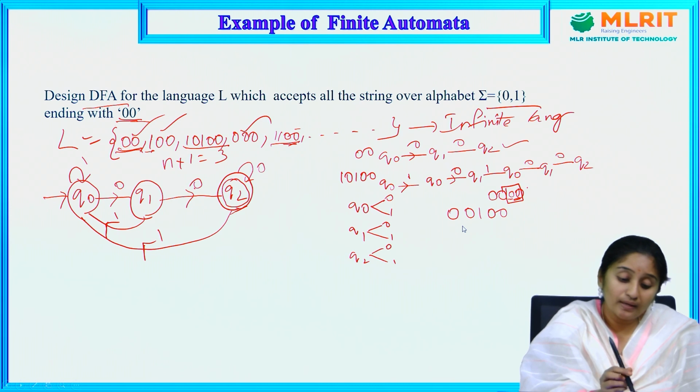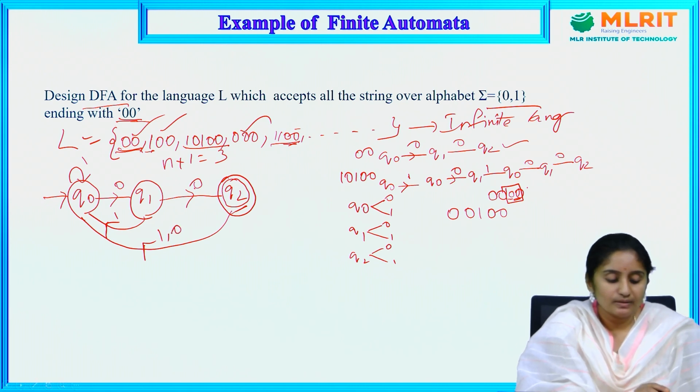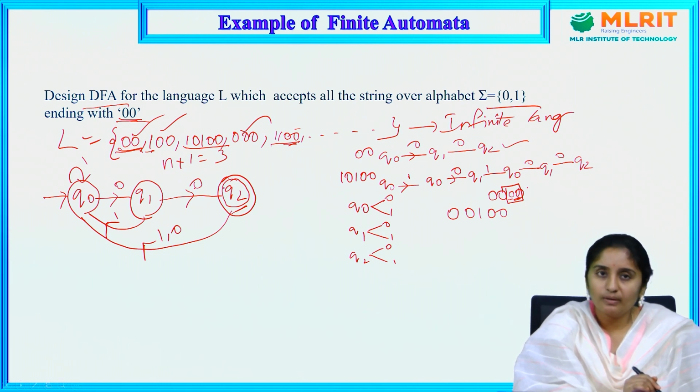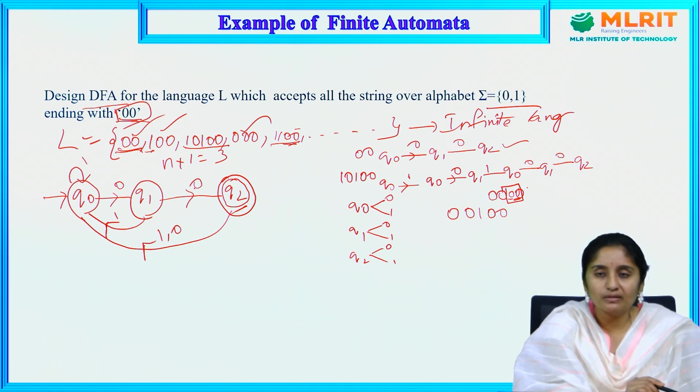Instead of keeping 0 here, I can also keep it here. See here, 0, 0, 1, 0, 0 can also be plotted. So this is nothing but the DFA diagram which ends with 0, 0.